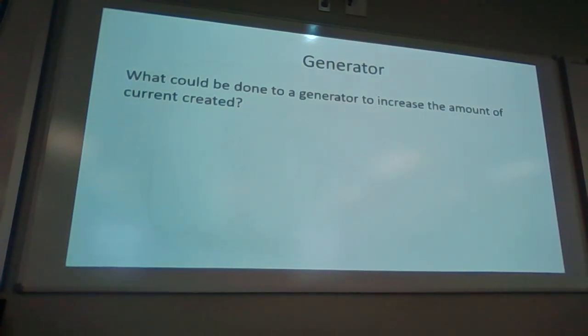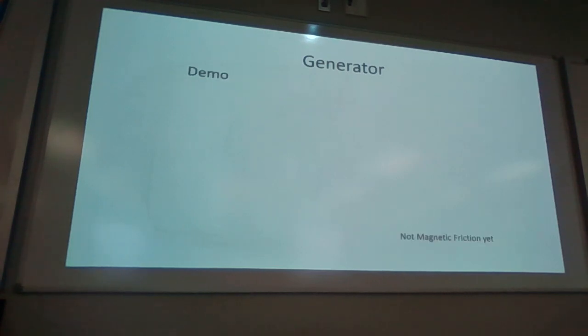We can make the loop spin faster because it has a greater rate of change of magnetic field. Andrew: yes, if you have more conductor experiencing that change in magnetic field, so more loops of wire, you're going to have a greater voltage. Okay, so generators, that's what we're going for.